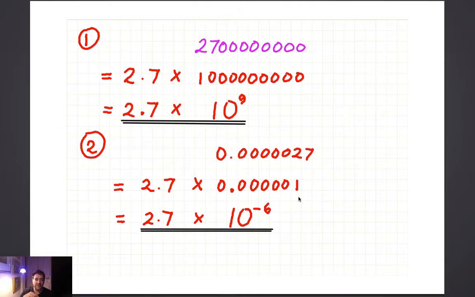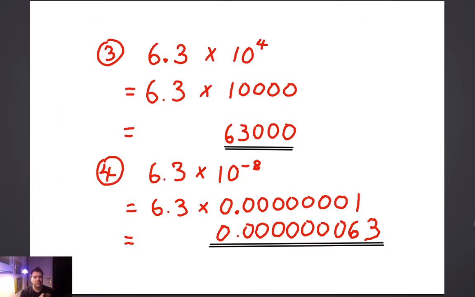So I can see it's 2 and a bit multiplied by 2 and a bit gives you the number above it. And that's the same as 2.7 times 10 to the power of minus 6, because 0.000001 has 6 zeros in it, including the one before the decimal point.